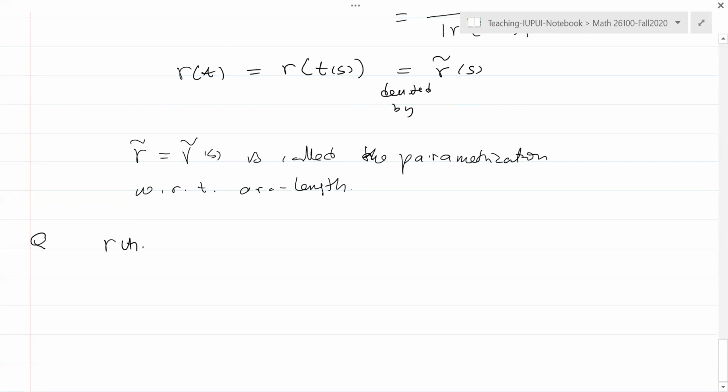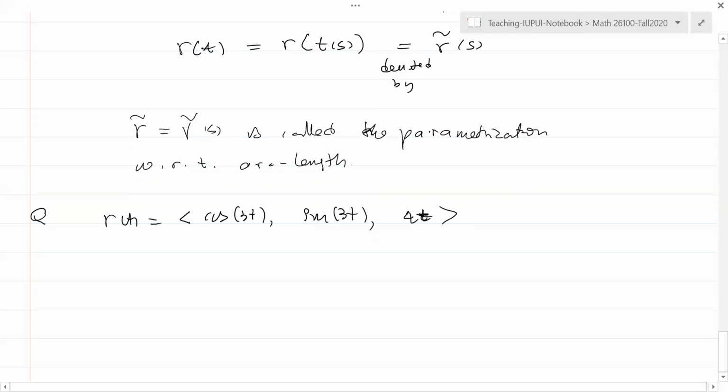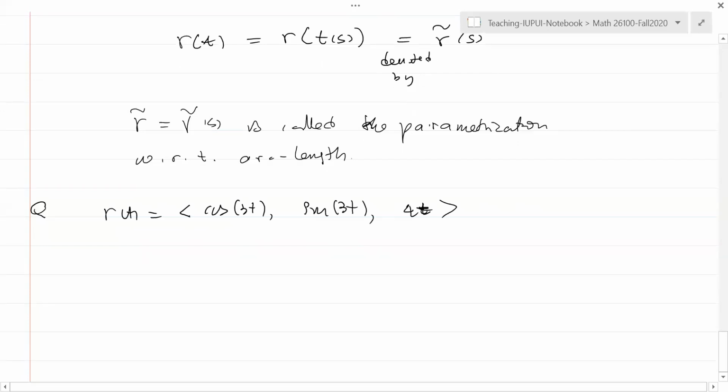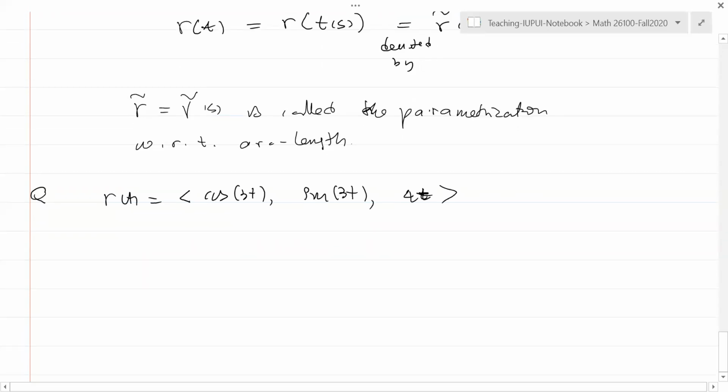So let's take a look at this helix again. It's going to be cosine 3t, sine 3t, and 4t. As I told you, this does not have unit velocity.